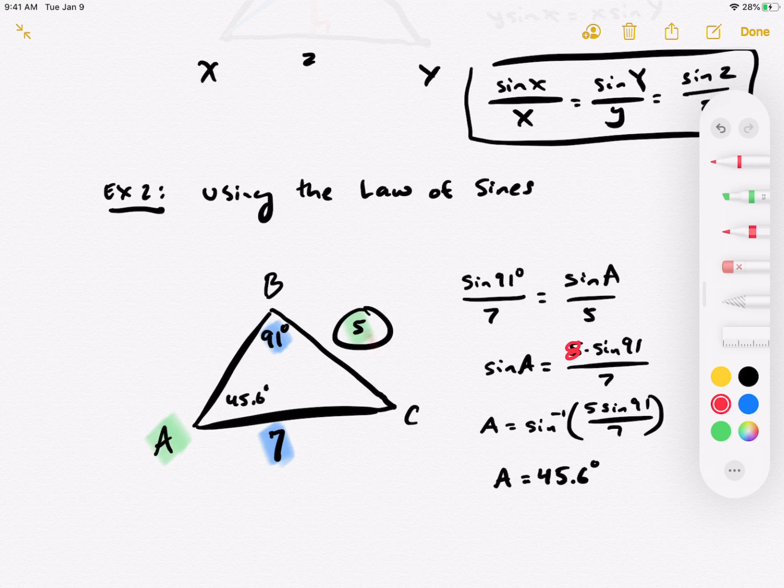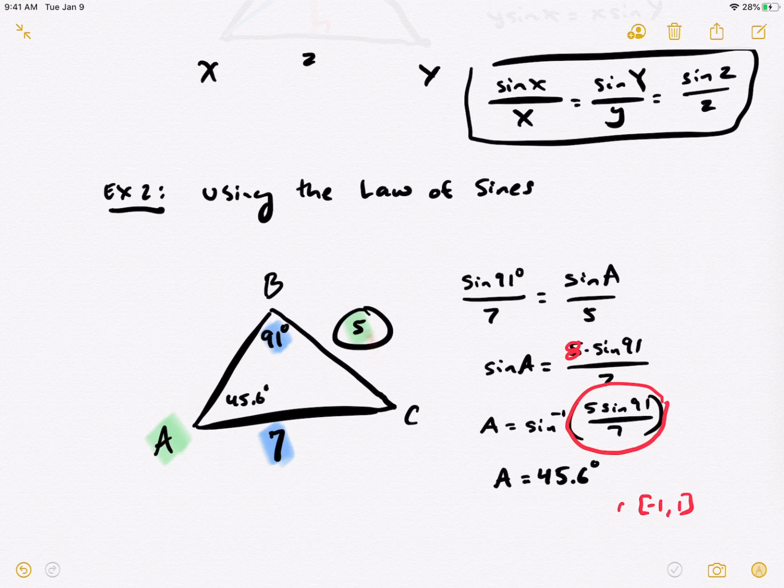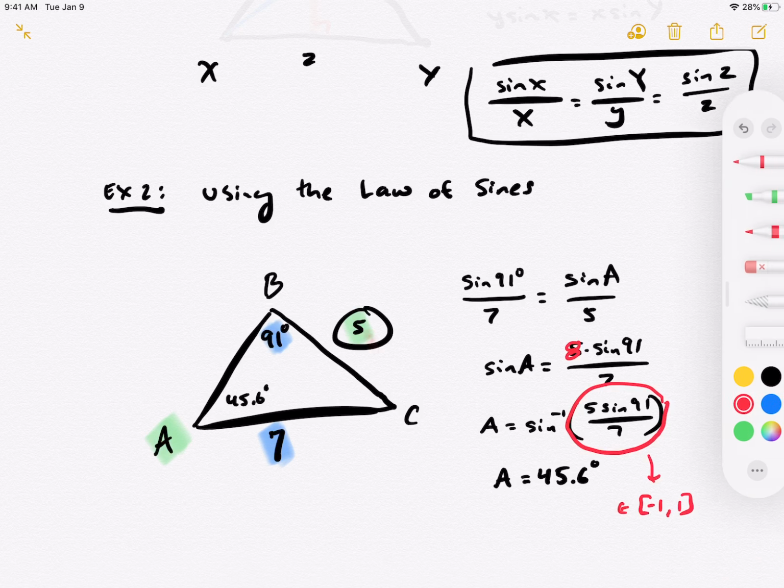And it just so happens that 8 times sine of 91 is bigger than 7. So when we divide by 7, we get a number that would be larger than 1, and we know that the domain of inverse sine is from -1 to 1. So we need to make sure that our input is in that range, and as long as you come up with a reasonable triangle, that will be the case.